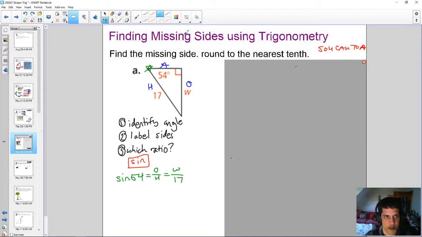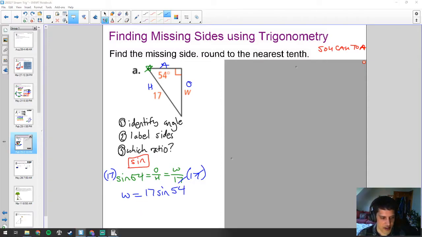And we want to solve for W. So all we're going to do is multiply by 17 on both sides. The 17s cancel. And then we get W is equal to 17 sine of 54. And that we can plug into our calculator.